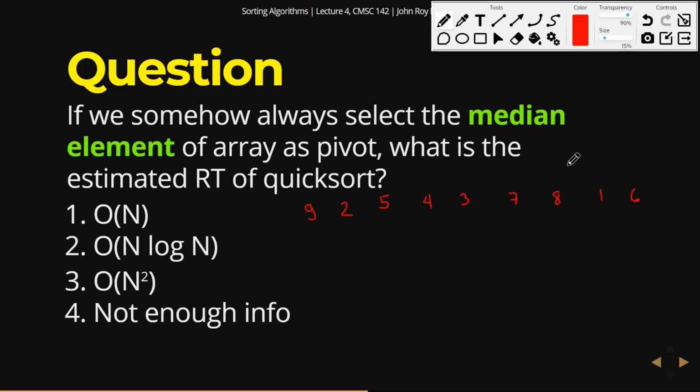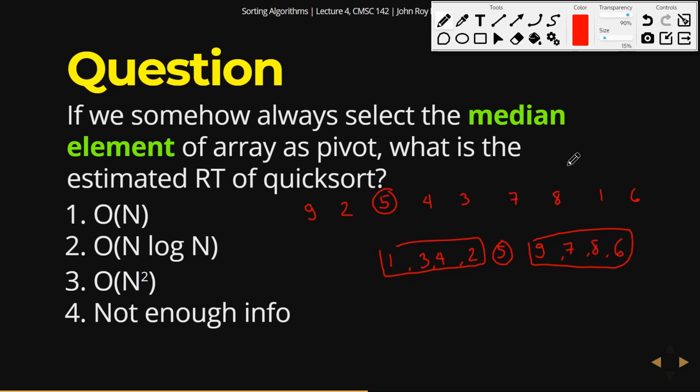The median of this one would be 5, right? So 5 is the median. If you partition this one, 9 would be here, 2 would be here, 4 would be here, 3, 7, 8, 1, and then 6. So you perfectly divided the array. There's 4 to the left and 4 to the right.